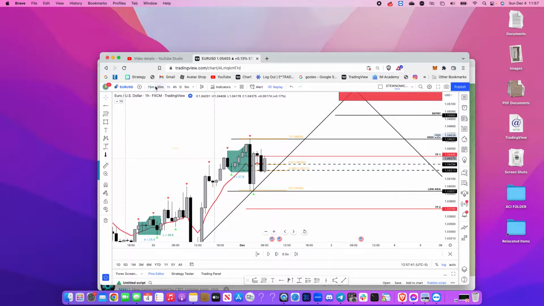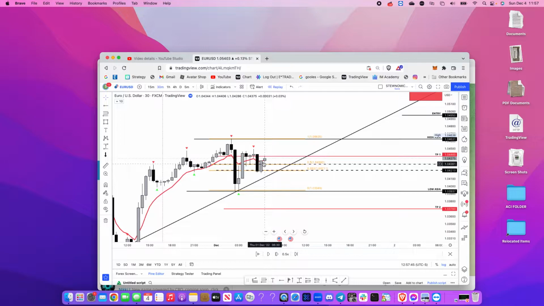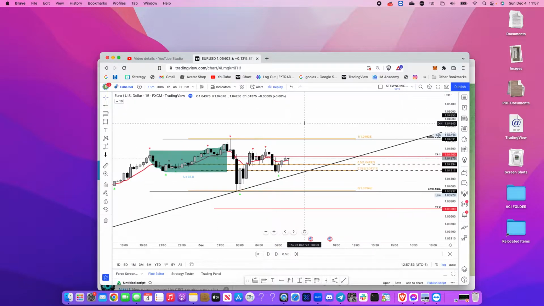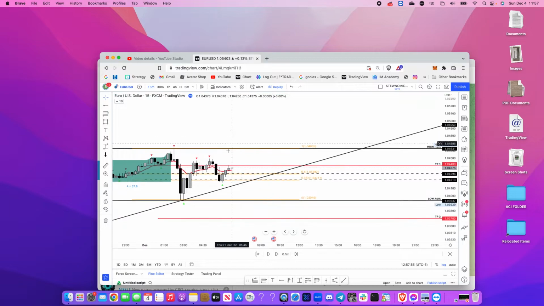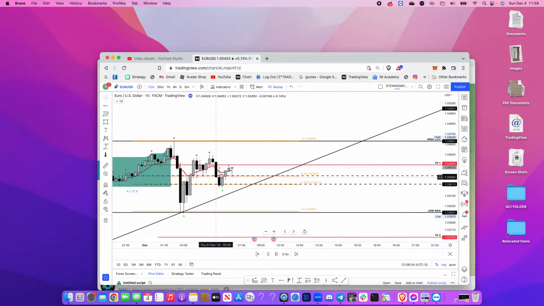I'm trying to get the best move possible out of here. So I'm going to come down to the lower time frame. I'm going to look at the 30-minute. The 30-minute is giving me entries up here, right? Go down to 15, and you're starting to see what I was looking for. That's that push. This is on the 15-minute, so you can stop at the 15-minute and look for an entry.